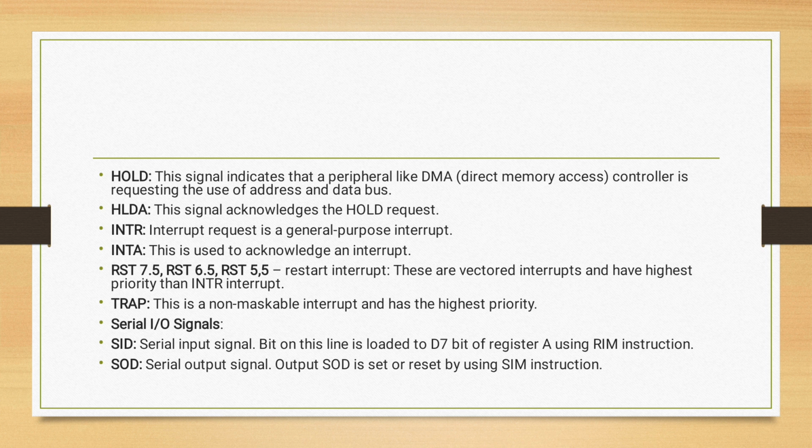That means the data on the line is loaded into the 7th bit of the accumulator by using the RIM instruction, and SOD, which is the output pin of the processor, is used for serial output, and the 7th bit of the accumulator is output on SOD when the SIM instruction is executed.